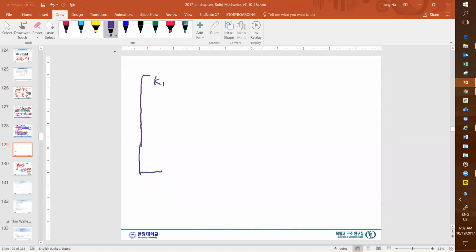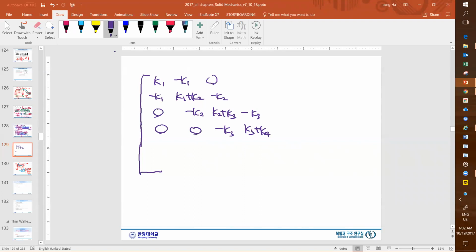K starts with K1 and minus K1, I'm sorry, K1 and minus K1 and K1 plus K2. And there will be another one, a minus K2 and minus K2 and K2 plus K3, and minus K3 and minus K3 and K3 plus K4 and so on. Please pay attention that we have all zero terms here.